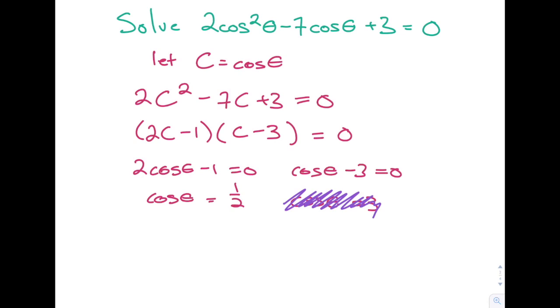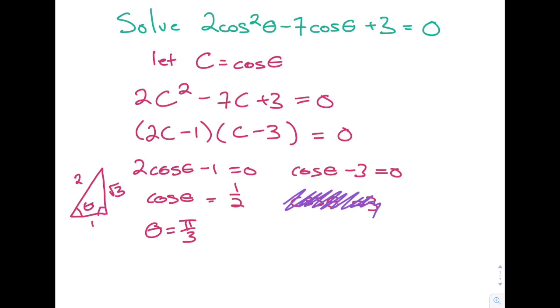And again, always useful to think about the unit circle. So what angle makes cosine theta equal 1/2? We can think about a special right triangle on the unit circle. If this is our theta and cosine equals adjacent over hypotenuse, so the remaining side is square root of 3, that tells us altogether that theta equals pi over 3.